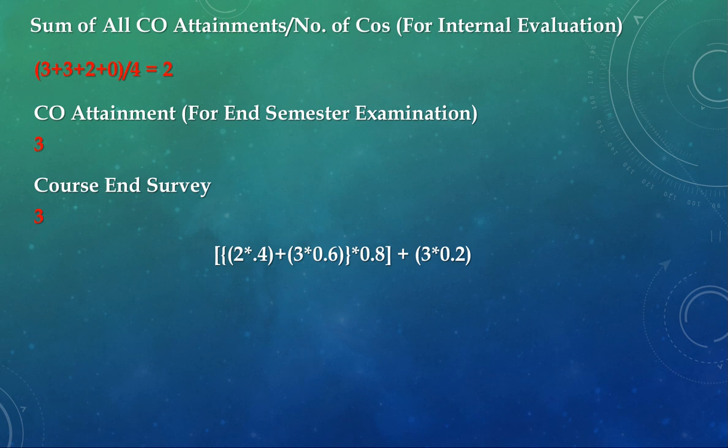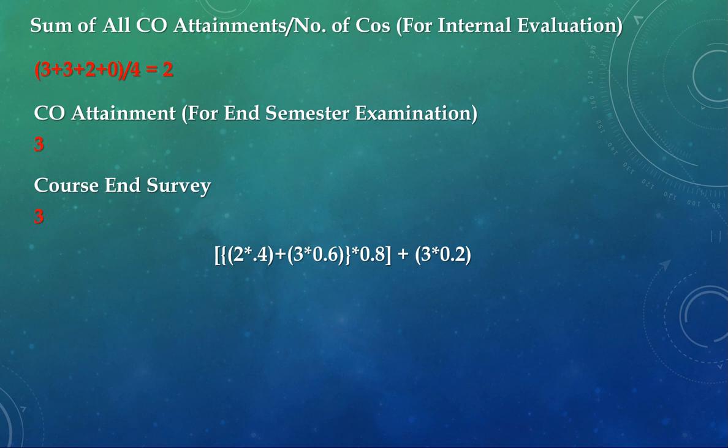Let me make it clear. 2 into 0.4, because in the internal evaluation scheme for a theory paper, it may be the case that 40% weightage is given by the council or by the university. It may vary state-wise. Similarly, in the end semester examination, 60% weightage is given.